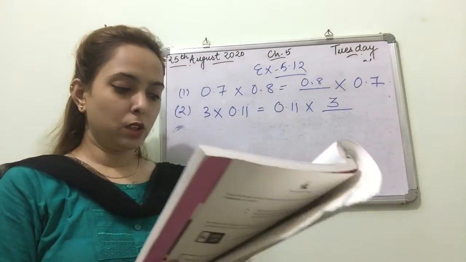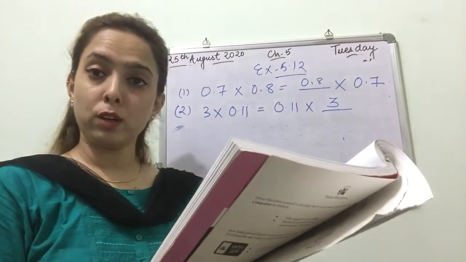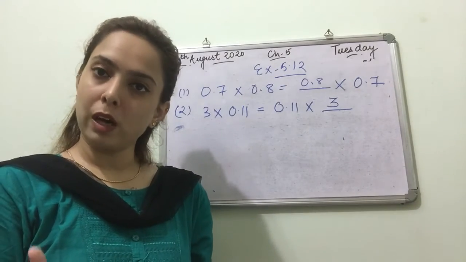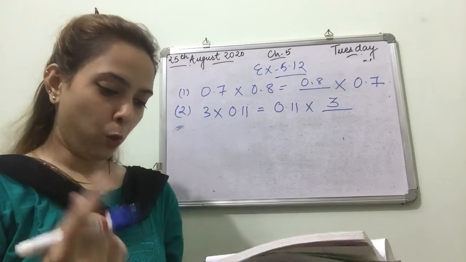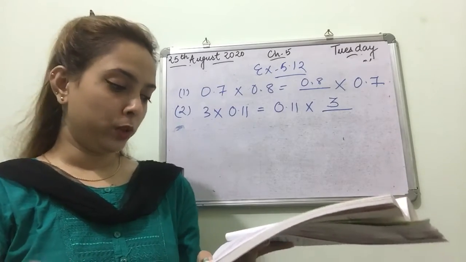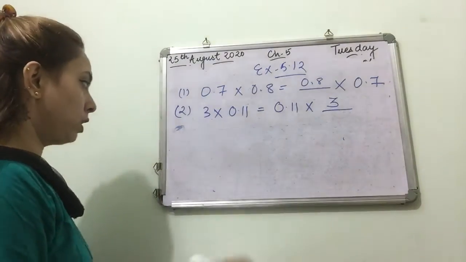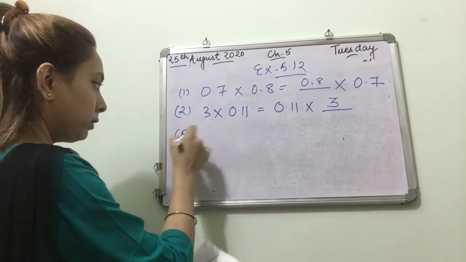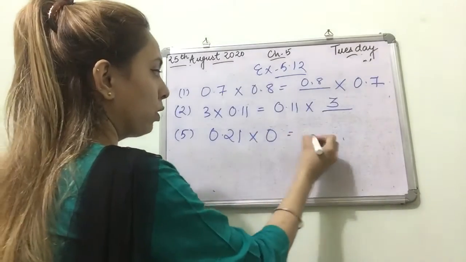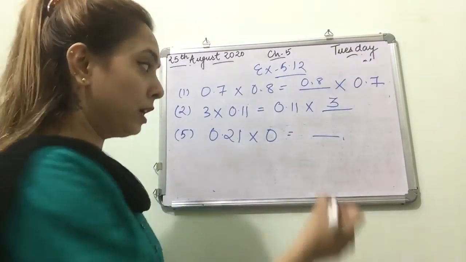Third question is 0.4 multiplied by 0.2 is equal to 0.2 multiplied by 0.4. Again, property number 1. In this way, you will try to solve all the questions. Fifth number says that 0.21 multiplied by 0, your answer will be 0.